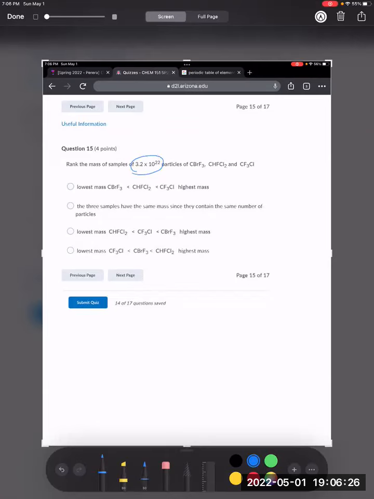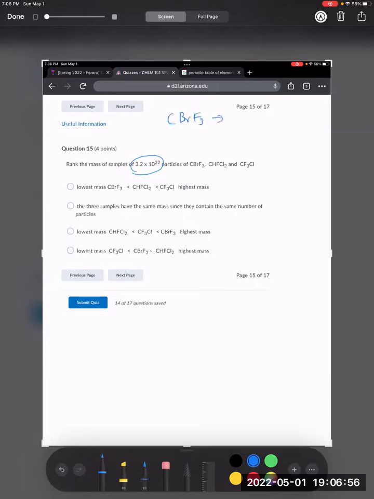Whatever substance has a higher relative atomic mass, relative molecular mass, or higher molar mass should have the highest mass. That is it. So it's all about the mass. It's not talking about the number of particles. Doesn't matter.